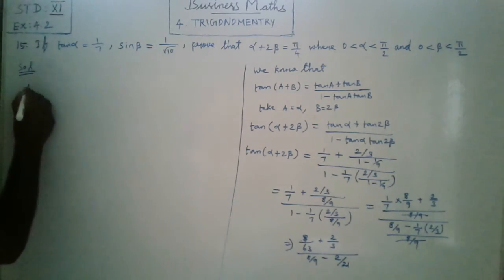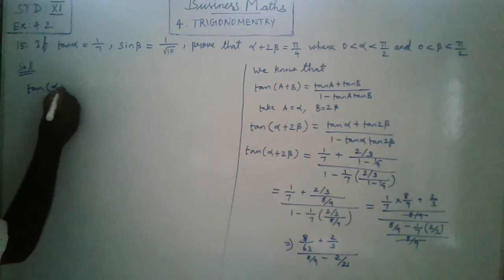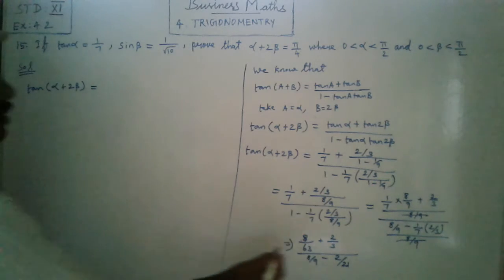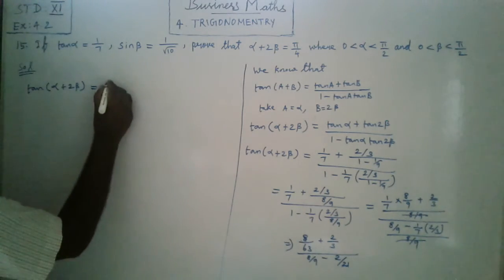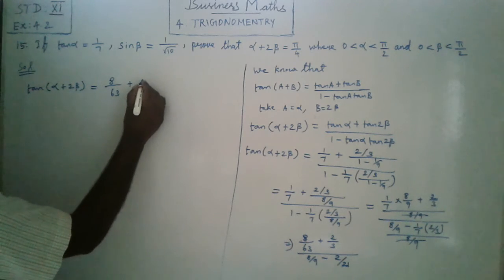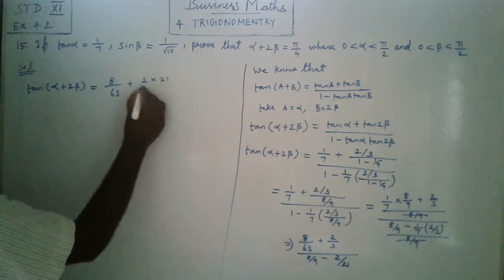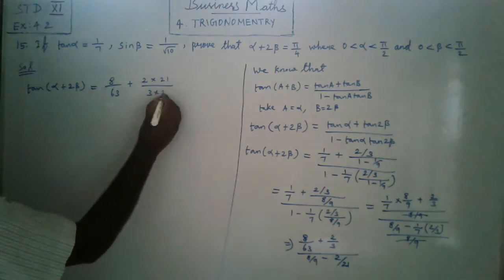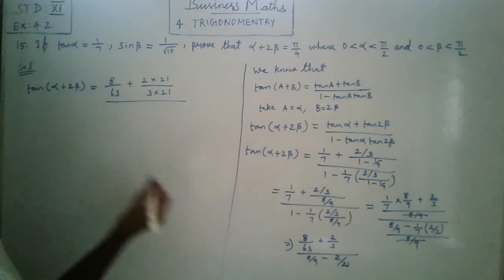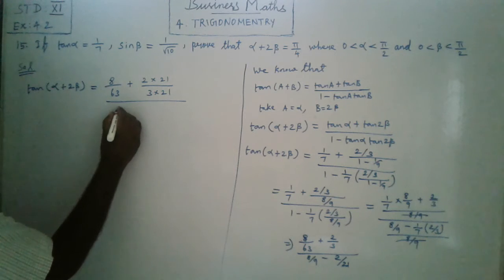It is equal to tan of alpha plus 2 beta equal to, 63 is the LCM. So 8 divided by 63 plus 2 into 21 divided by 3 into 21, 3 into 21 is 63, divided by, here also 63 is the LCM.